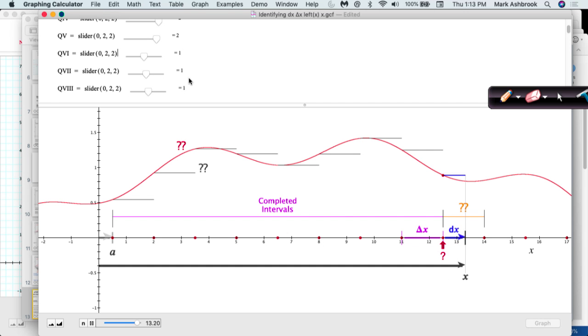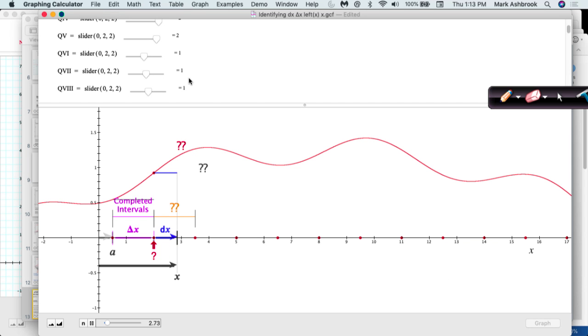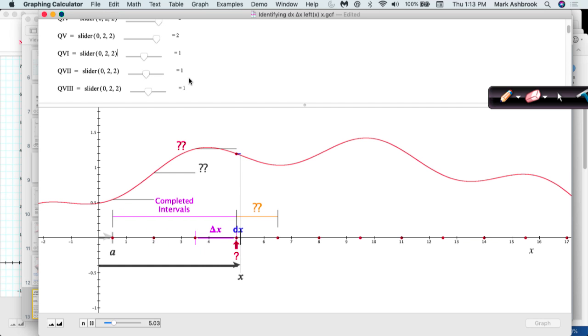No, it's about the current interval, right? The red question mark is about the current interval. It's the x value, not the start of dx, because dx goes from 0 to delta x.